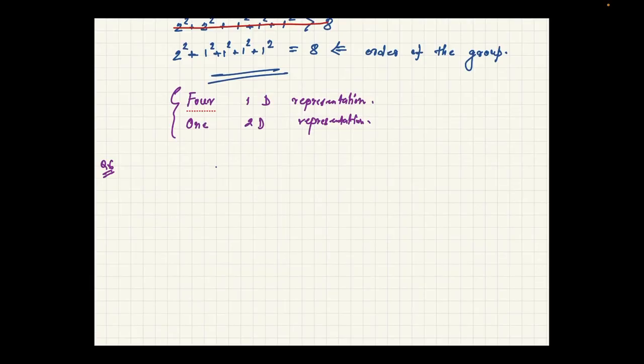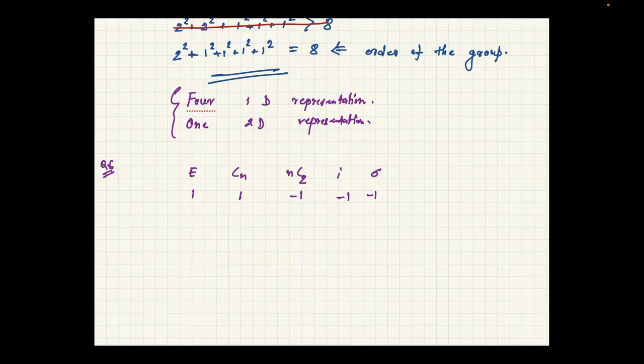Then question number 6: identify the Mulliken notation for the following irreducible representation. There is a character table given, with columns E, Cn, C2, i, sigma, and the characters 1, 1, minus 1, minus 1, minus 1.